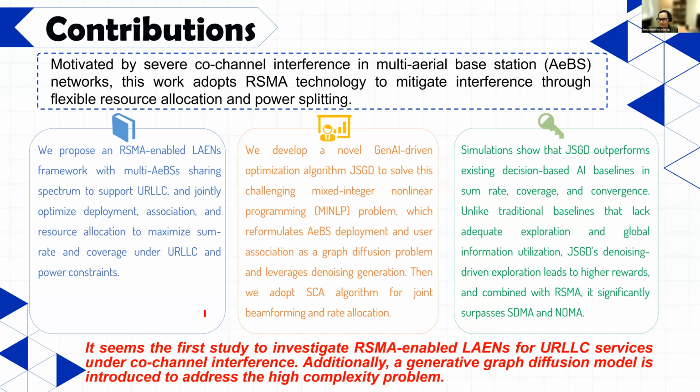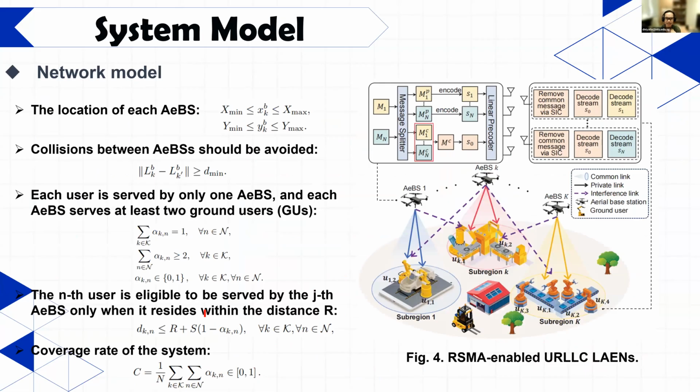So different from the traditional baseline that has a limited exploration capability and global information utilization, our scheme is able to perform the denoising driven exploration that provides a higher reward. And when we combine it with the rate-splitting multiple access, it can significantly improve the performance over the other multiple access.